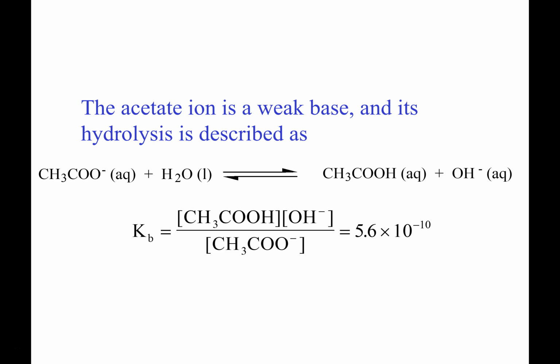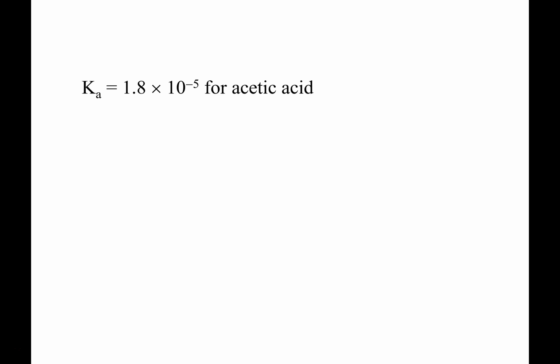And again, I feel like I'm skipping a few steps, but hopefully you can go back in your notes and find out how I got the Kb. Actually, the Kb is equal to Kw divided by Ka. So where that Kb came from is here. We can't look up the Kb for acetate on a table. It just doesn't exist.